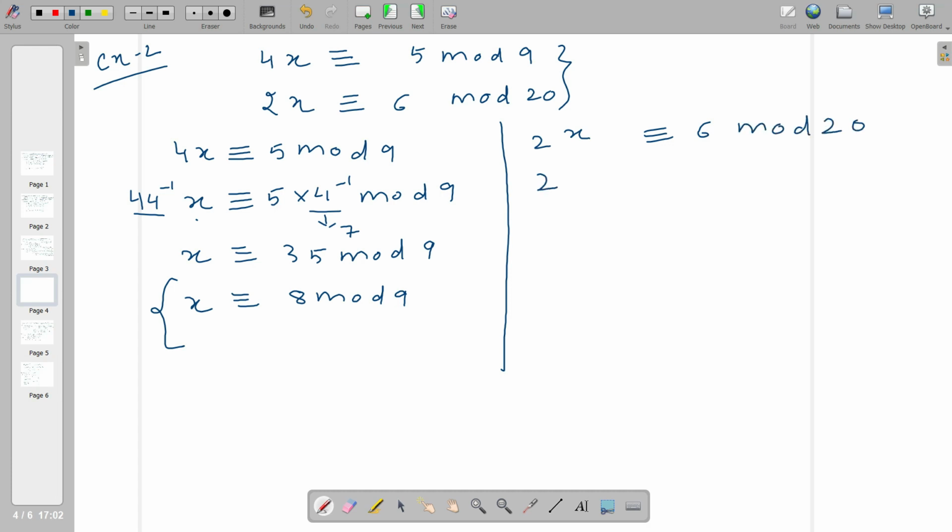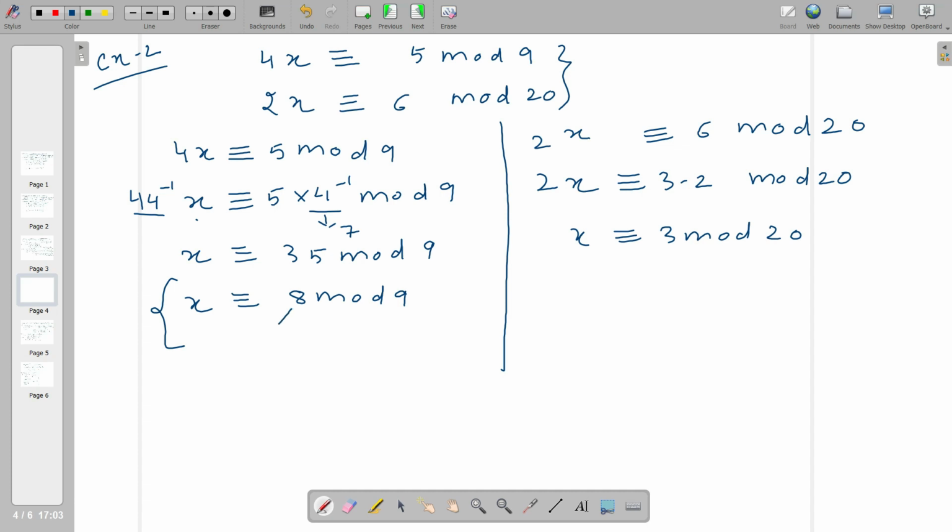So we can simply solve it: 3 into 2 mod 20, and we can cancel out 2 from both sides. So x is congruent to 3 mod 20. So this is another way of making the equation in the same format as we use in Chinese remainder theorem.